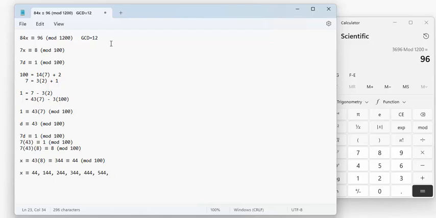For this case, the solution looks very simple because the separation is 100. 644, 744, 844, 944, 1044, 1144, and that is it. Okay, this is in mod 1200. That is the solution.